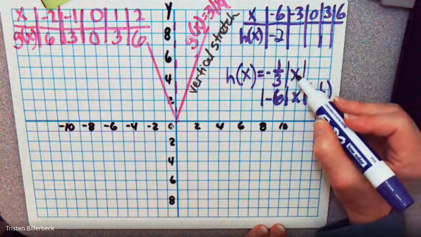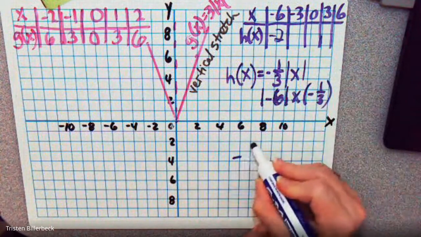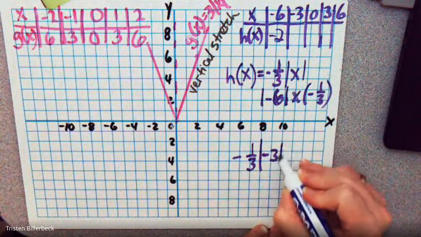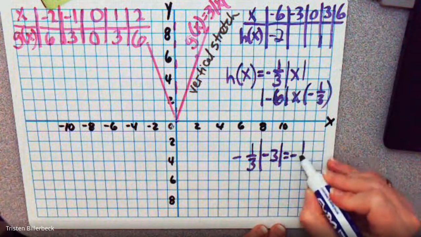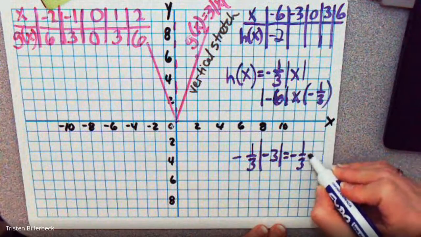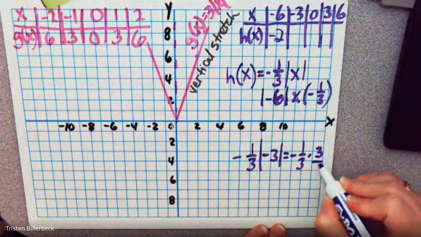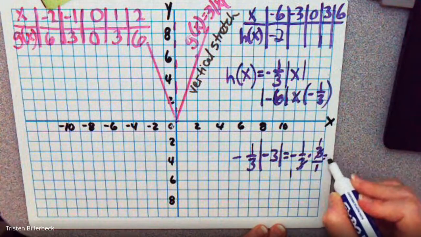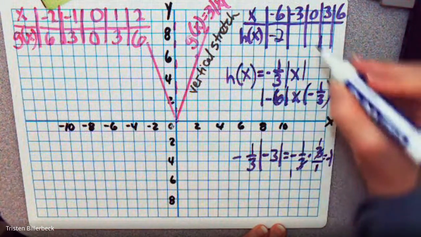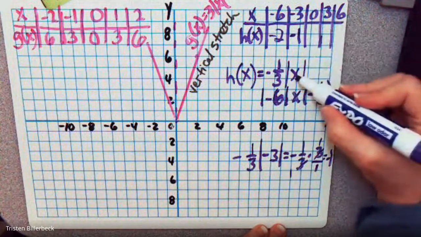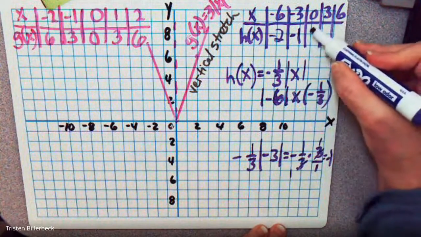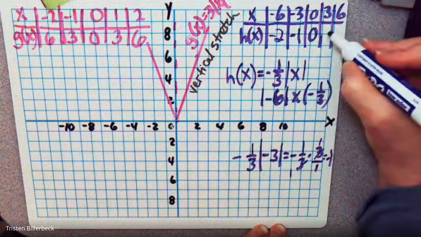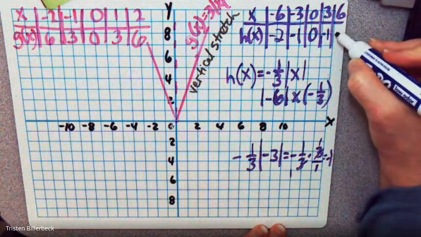Now, if I put in negative 1/3 times the absolute value of negative 3, that gives me negative 1/3 times 3 over 1. So we cancel, so that's just negative 1. And 0 times negative 1/3 is 0. And we know that because this is an absolute value function, it's going to reflect.